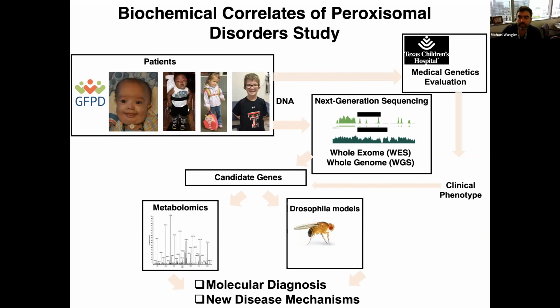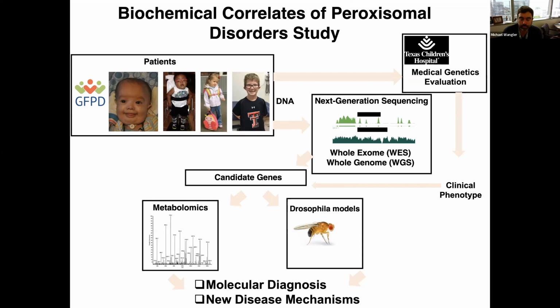One of our areas of focus here at Baylor has been looking at this using metabolomics, as well as genomic sequencing and animal models, in a different set of peroxisomal disorders, the peroxisomal biogenesis disorders. I wanted to show you some of our data because we hope that some of the things we've learned in these conditions may feed forward into further studies on Refsum disease.